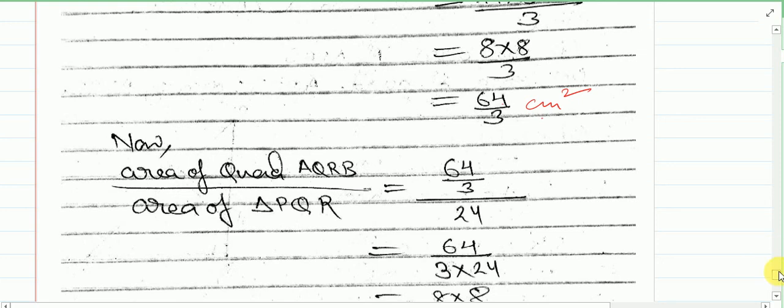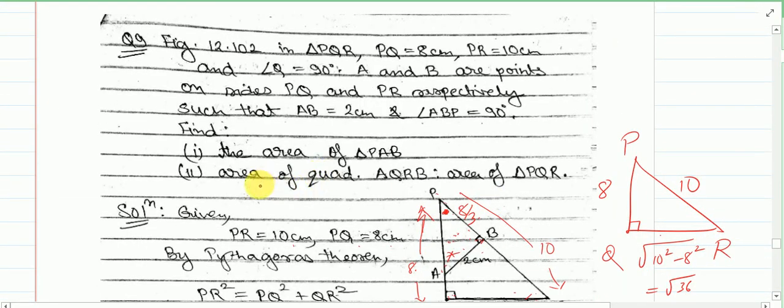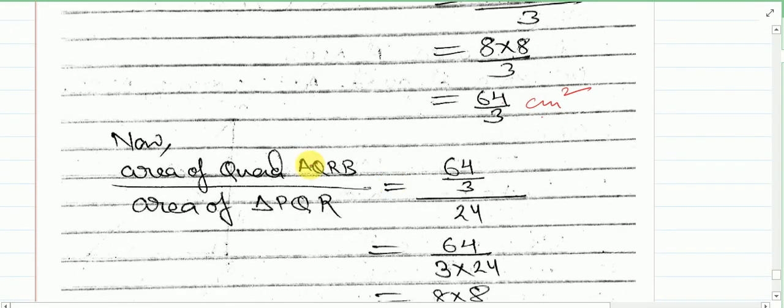Now here you see in the question, the second part, they want area of quadrilateral AQRB is to area of triangle PQR. So they want the ratio. So area of the quadrilateral upon area of the triangle PQR. Write area of quadrilateral, just now you found 64 by 3, and area of PQR is 24.